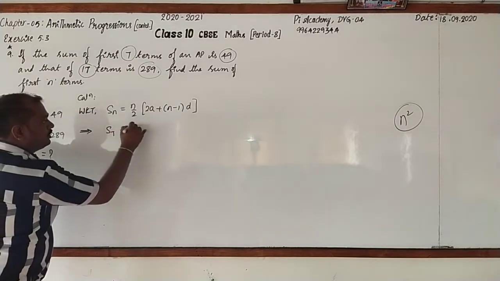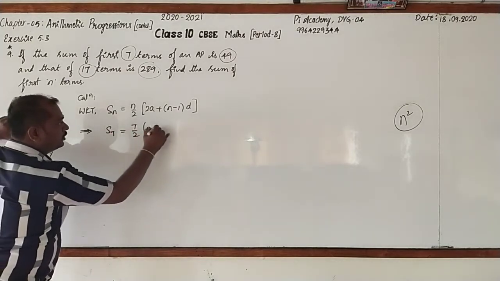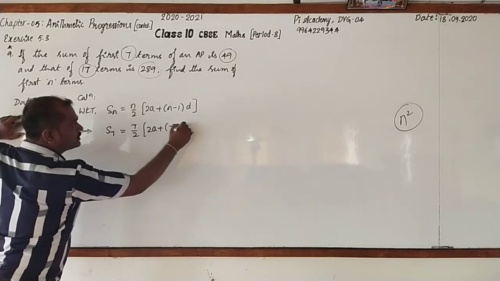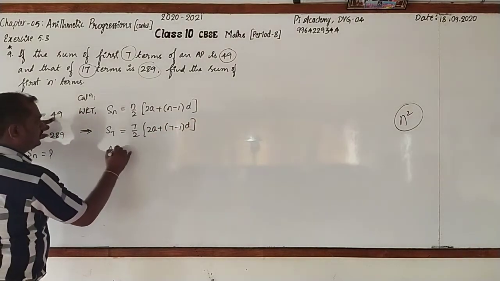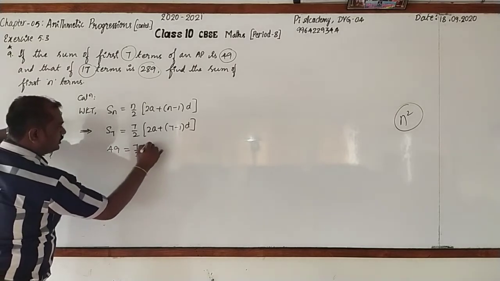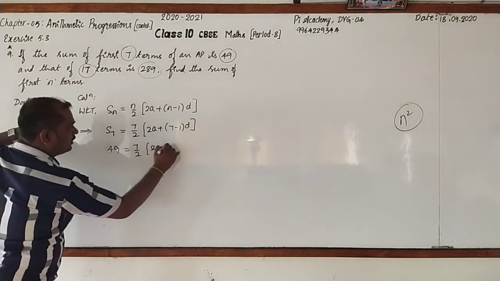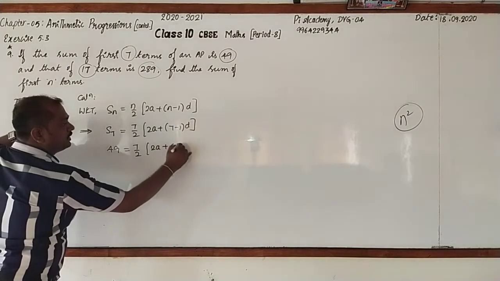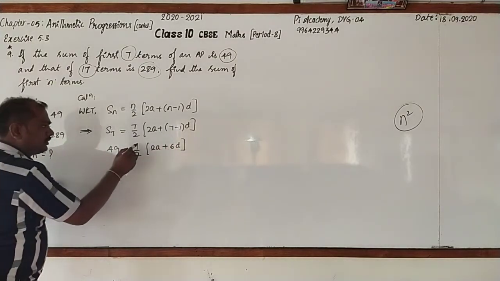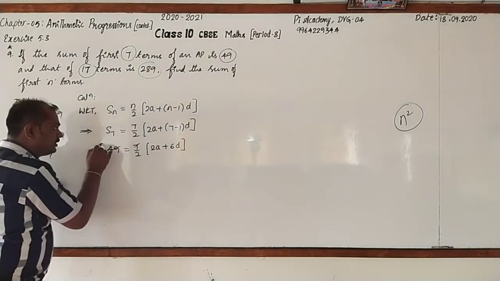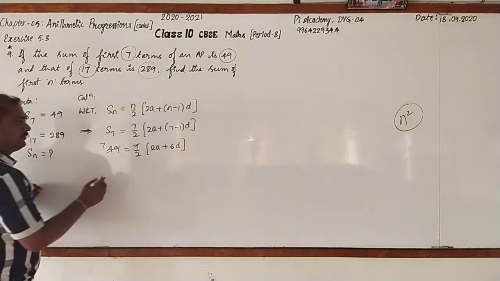S7 is equal to 7 by 2 into 2a plus 7 minus 1 into d. Where S7 is 49, it is equal to 7 by 2 into 2a plus, what is 7 minus 1? It is 6 into d, 6d. Very simple one. Observe, 7 ones are 7, 7 sevens are 49.